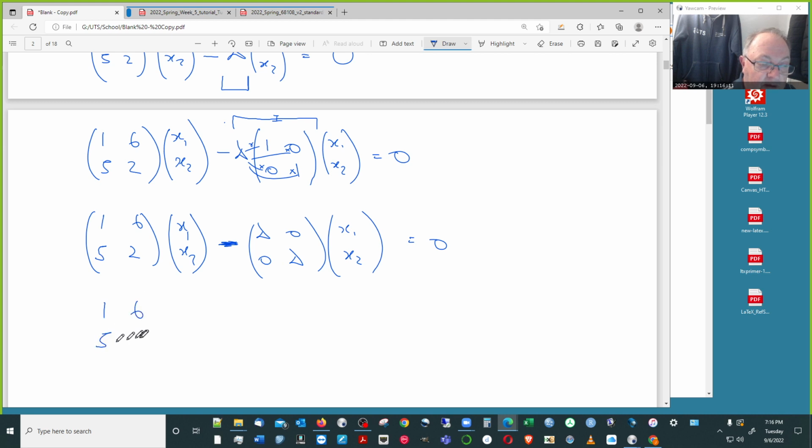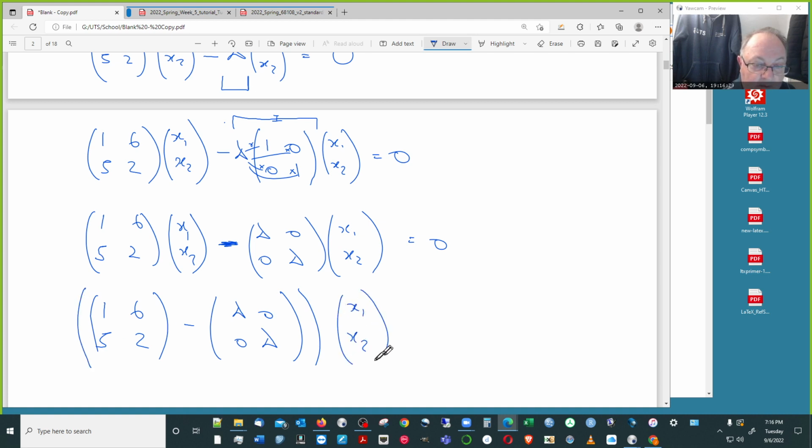So I can take the common factors out, and I can treat them like x1, x2. So that's bringing out my variable. So I put it on the right hand side, which is not the way you'd normally do it.